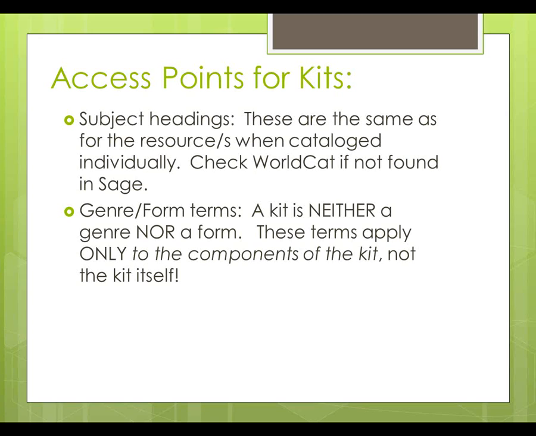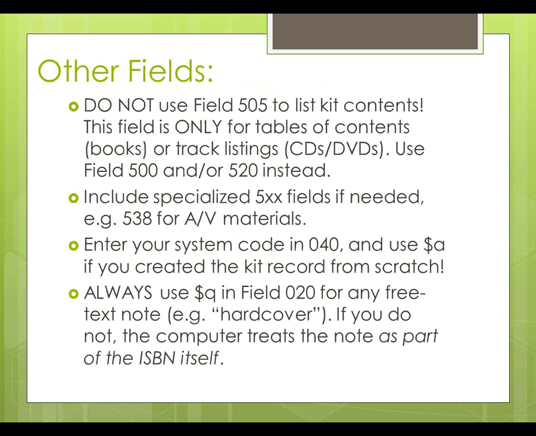A kit is something that the library creates basically by using the 999 field. And a kit is what you want it to be, basically. It doesn't have its own genre or form. Other fields that we need to pay attention to when we're creating a record for a kit. First of all, do not use field 505 to list the contents of the kit.